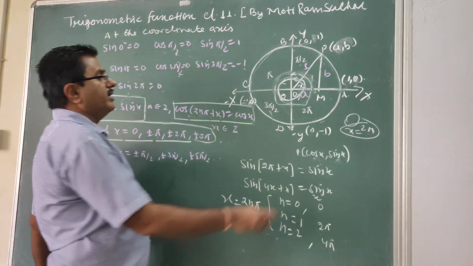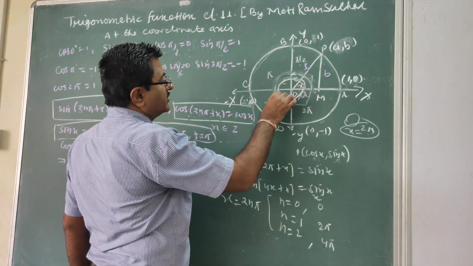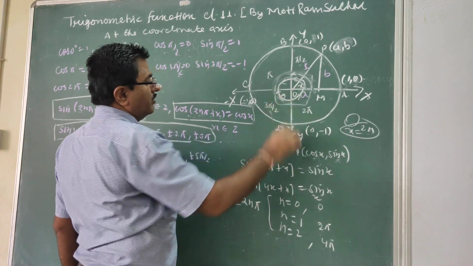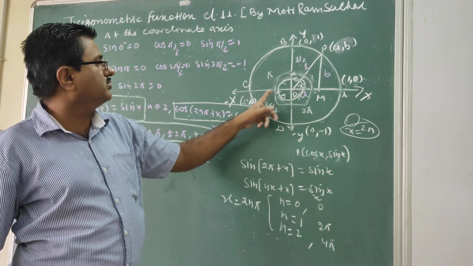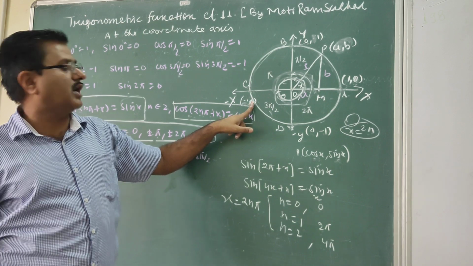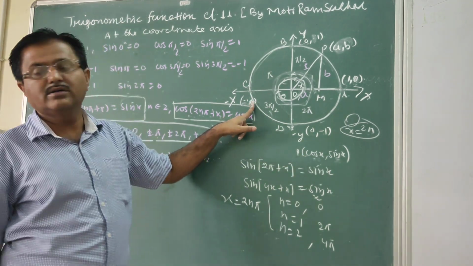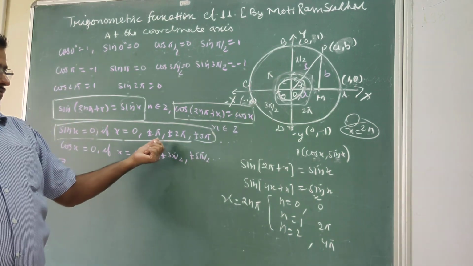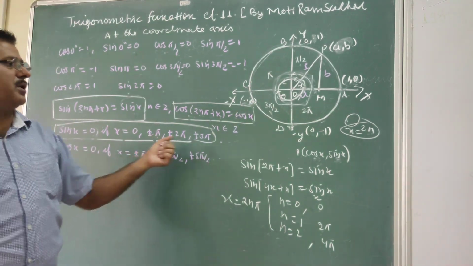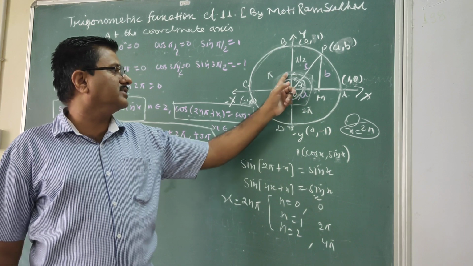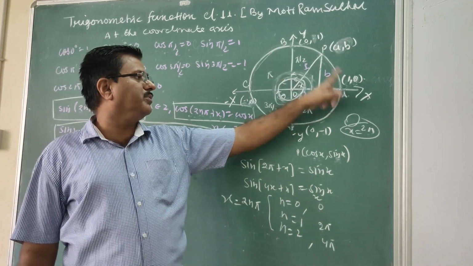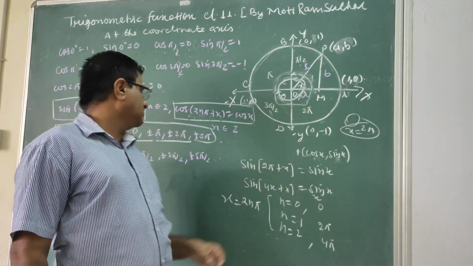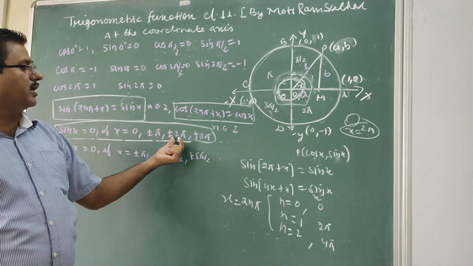Similarly in the negative direction, here plus minus y, right? If you take this direction, the point is moving, so again this point will coincide with this. So sin x, the y coordinate, is 0. So at what point? Where x equal to minus pi. From this, in the clockwise direction, complete one round, then again P coincides with A. So that is 0, so we can say at minus 2 pi.